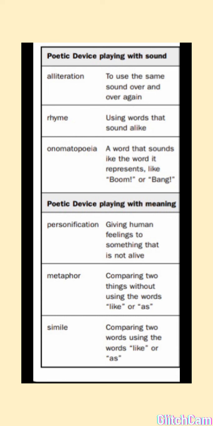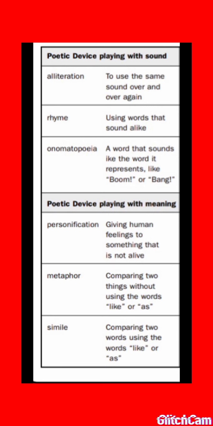Second poetic device is rhyme, using words that sound alike. So already we learned the rhyming scheme used in this poem: sky, by, knife, life, rover, over. Third one, onomatopoeia, a word that sounds like the sound it represents, like boom or bang. The word describes the sound.